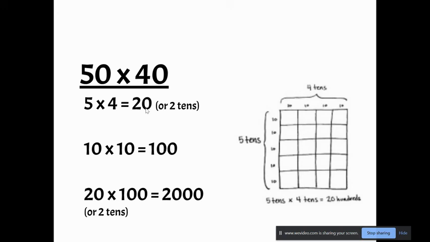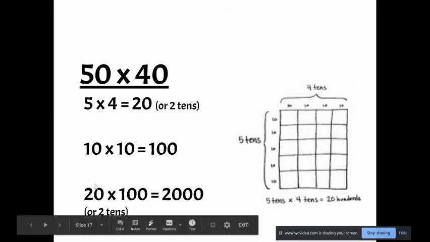Then I would multiply those two factors together. 20, or 2 tens, times 100 is equal to 2,000. So 5 tens times 4 tens is 20 hundreds, and 20 hundreds is equal to 2,000.